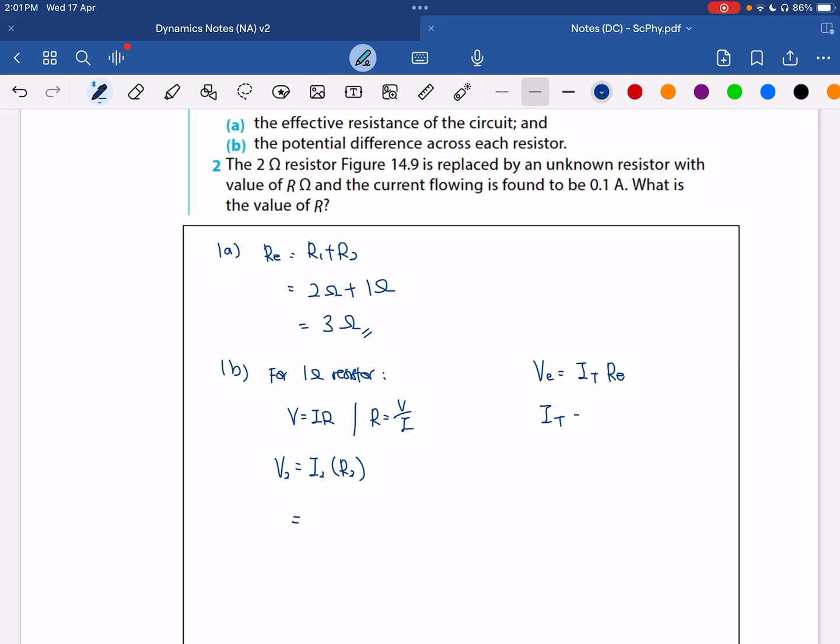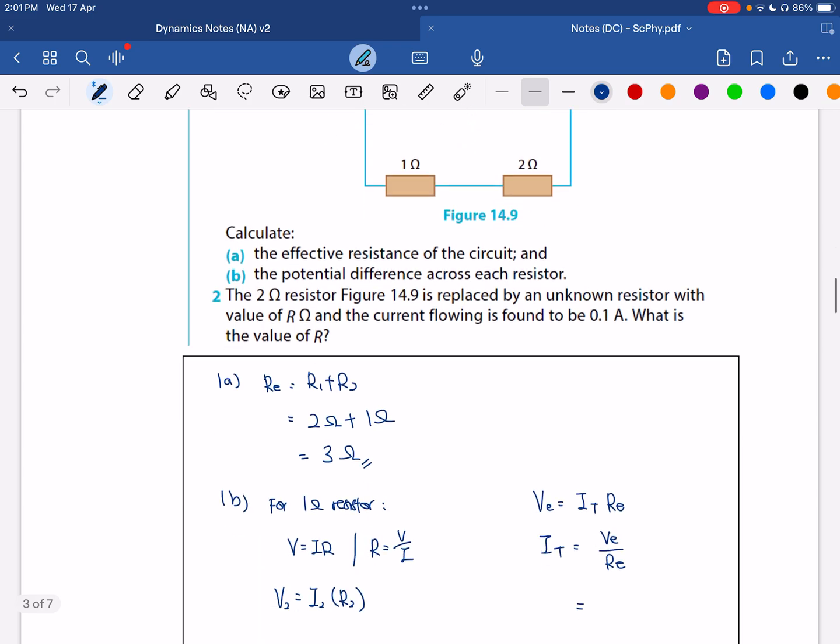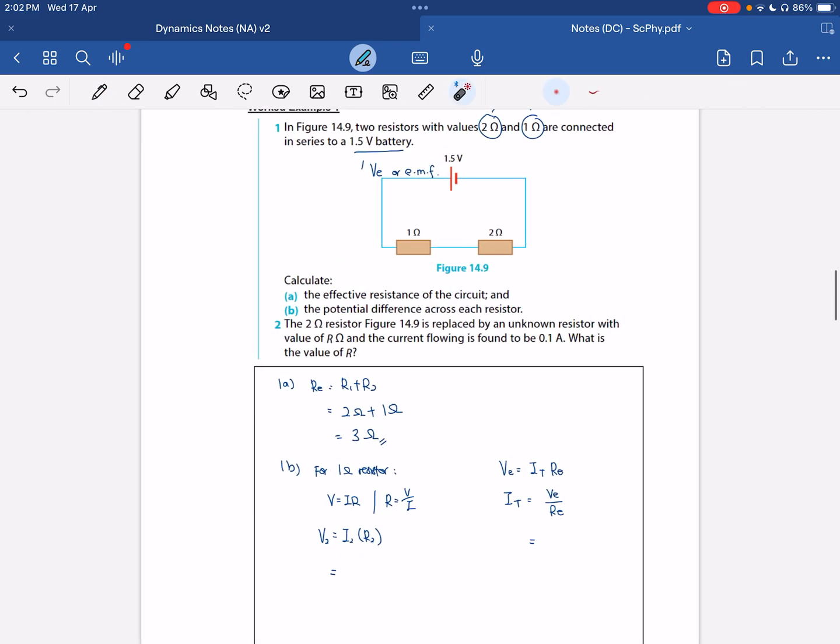So IT equals VE divided by RE. VE is 1.5, that is the EMF. So 1.5 divided by RE, which is 3 ohms. This will give you 0.5 ampere.